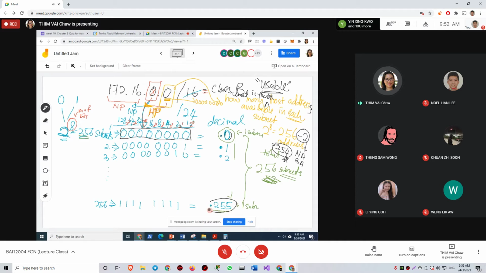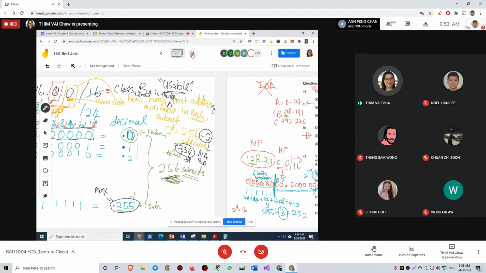And .255 is the maximum decimal value in one octet. So from 0 to 255, total up you have 256 numbers. 0 counts as one number, and 255 is another number. So between 0 to 255, you have 256 addresses.